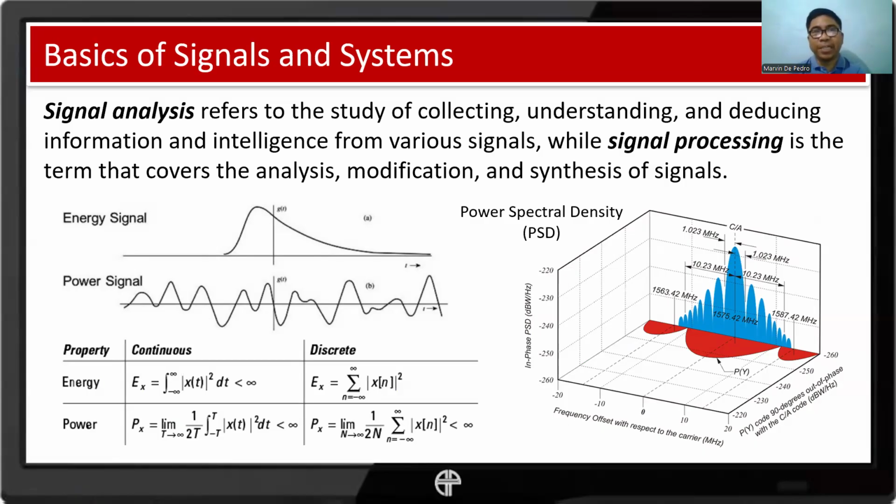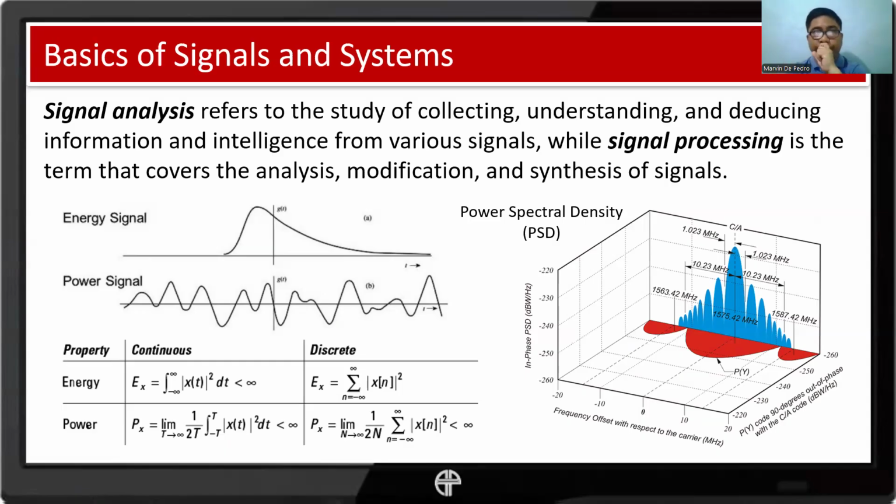In signal analysis, we usually check the power and energy of a signal. We determine whether a signal is an energy type or a power type. We have some mathematical ways to check them. We also check their PSD, or the power spectral density. These are some of the features that we study in feature extraction for machine learning purposes.